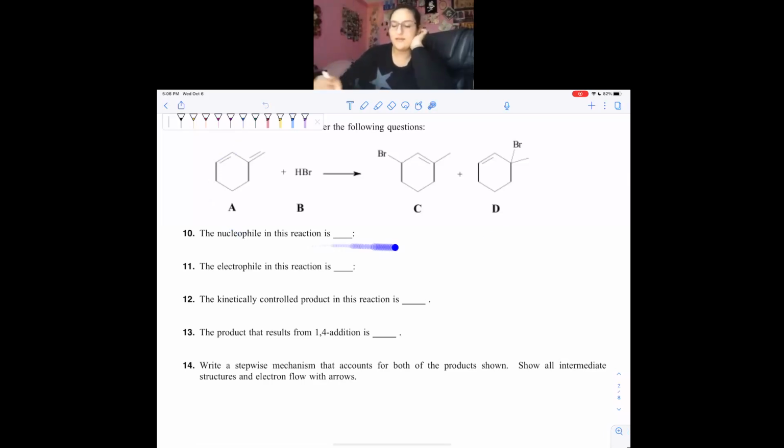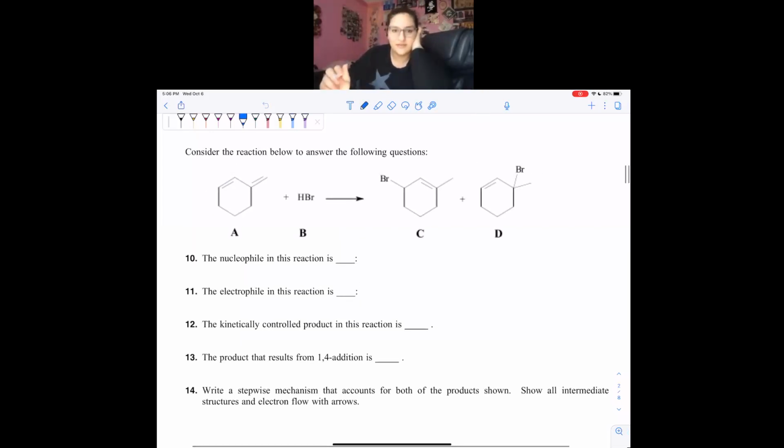Okay, in this kind of reaction, this is a 1,2 and 1,4 addition. And the nucleophile would be which one? While you guys type that in, remember, the nucleophile is the one that is attacking.